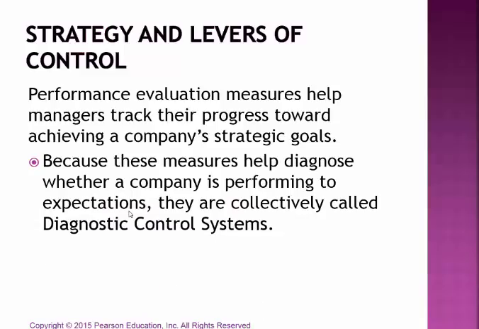Because these measures help diagnose whether or not a company is performing to expectations, they are collectively called diagnostic control systems. So we're diagnosing how we are doing, and we're going to use them to plan, direct, and control how we continue to run or manage our company.